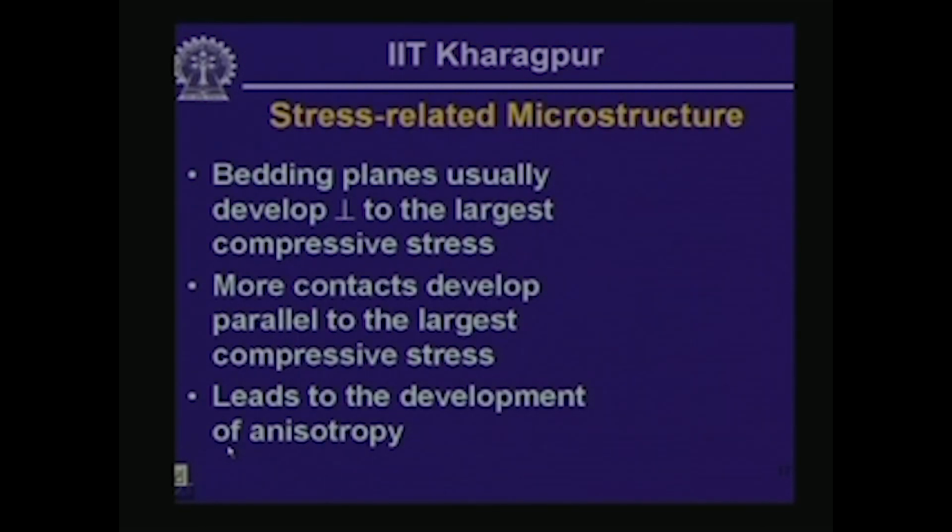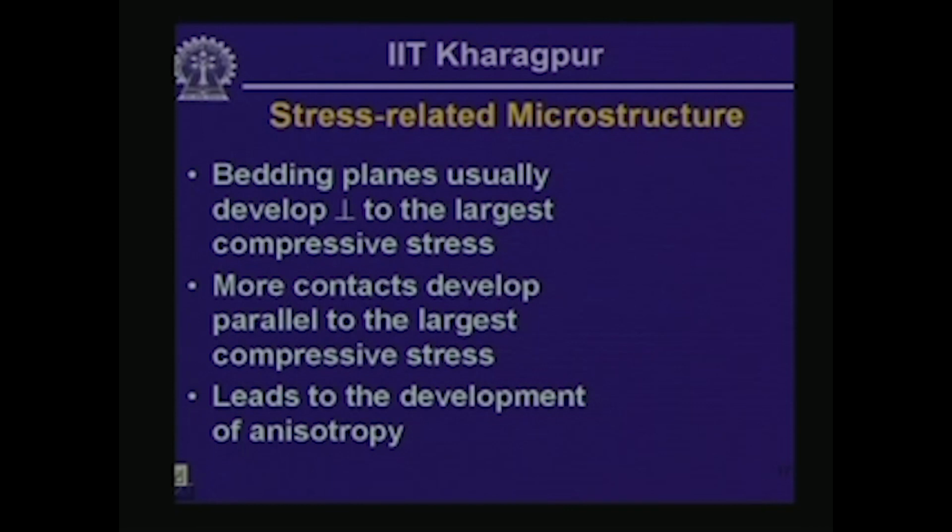Okay, now we look at how stress actually gives rise to the development of microstructure. Now, as we have already seen, contacts develop predominantly in the direction of gravity during a deposition process.